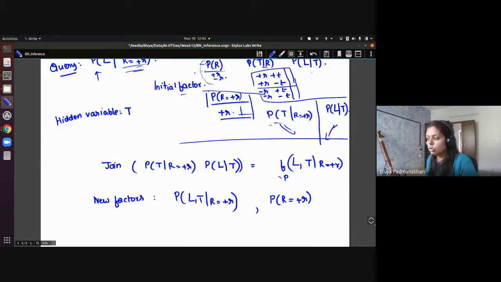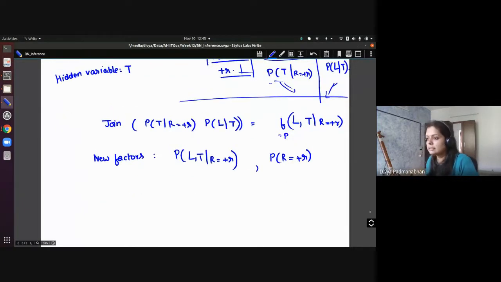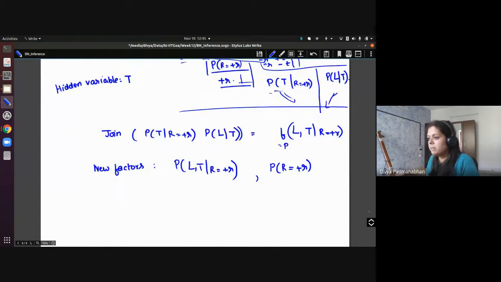What you can do now, since what you wanted was L given R, is to speed things up by just eliminating T from this factor.